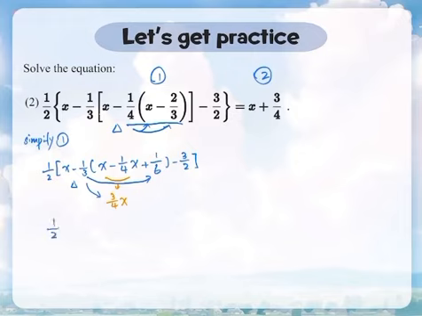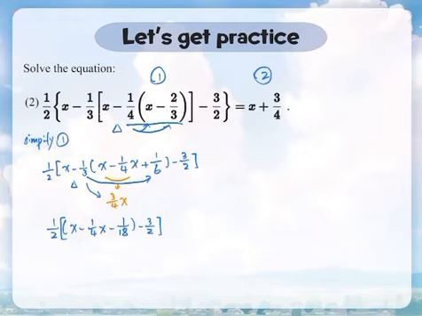So you have 1/2 x minus 1/3 times 3/2, so that will be 1/4x again, and subtract 1/18 minus 3/2. Again, you would still need a bracket here.